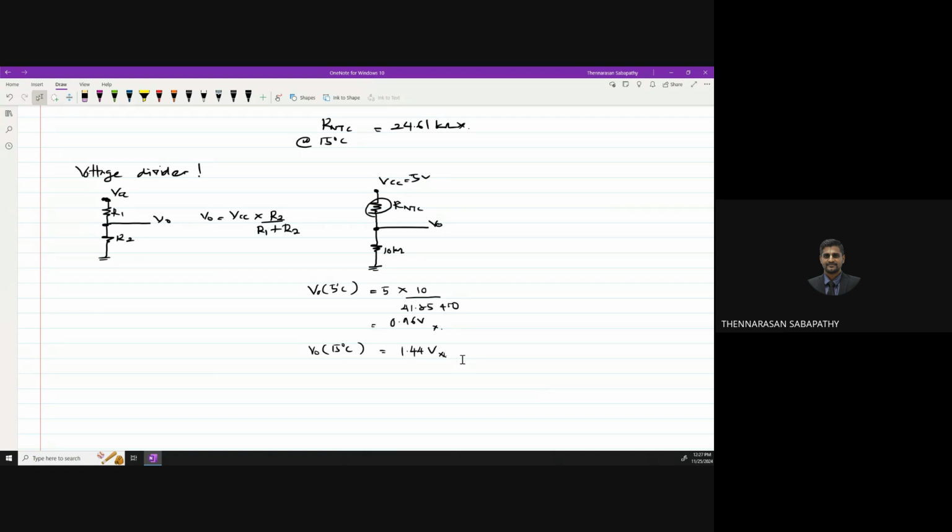So once you have these two voltages, you can go to the next stage where you amplify the signal, because you see the signal now varies from 0.96 to 1.44. This is not sufficient to fully utilize the ADC.